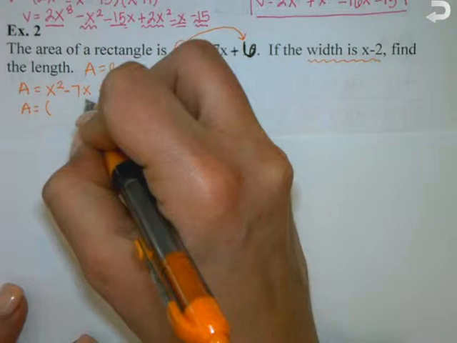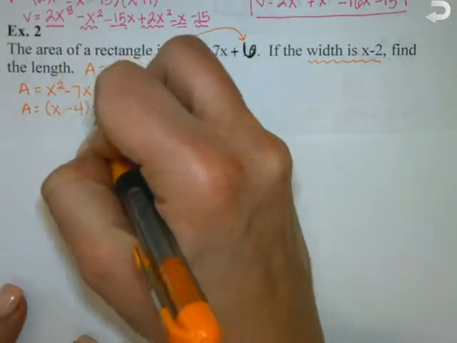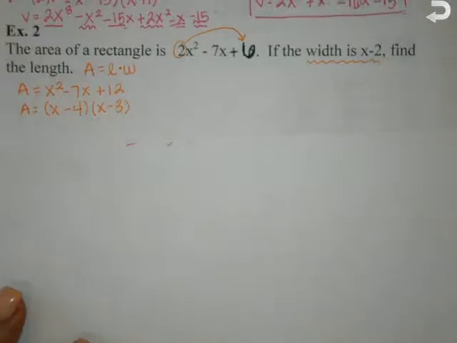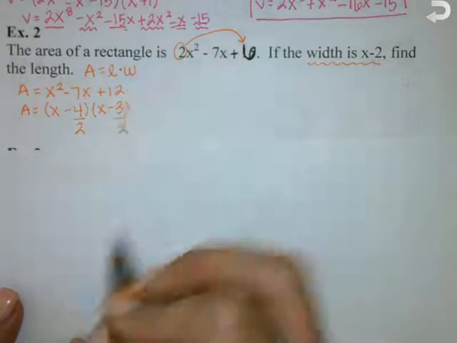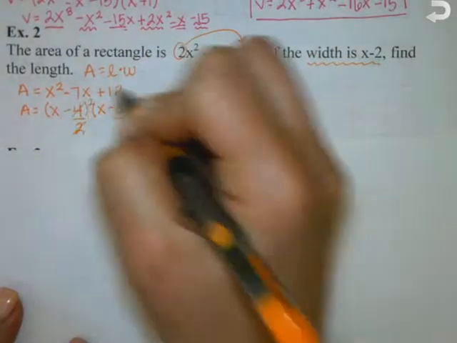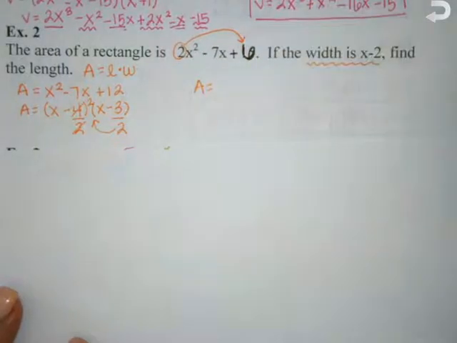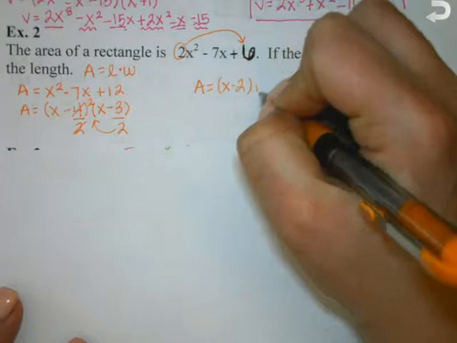Negative 4 and negative 3. So x minus 4 times x minus 3. But we have to do what? So 2 goes into 4 twice, and 3 and 2 doesn't reduce. So our area is actually x minus 2 times 2x minus 3.